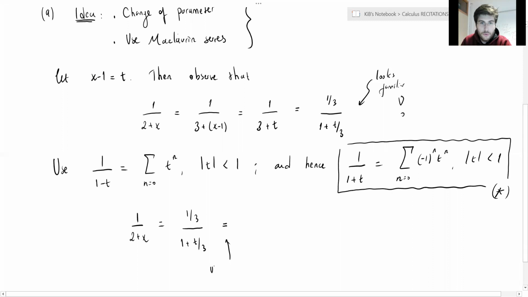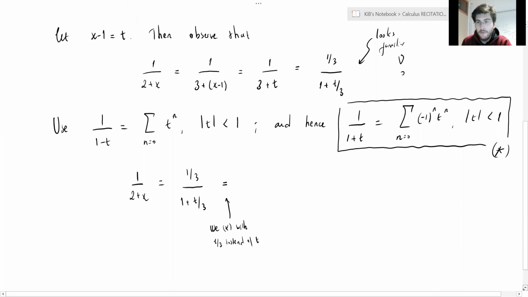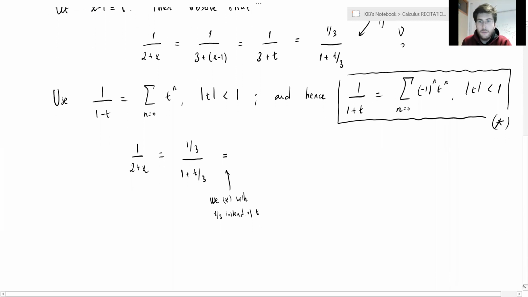So use star, but with t over 3 instead of t. Okay? We did this before. We know how to use or manipulate a given series, right? So this is more or less what it is. Let's do this trick. So we have this term here.